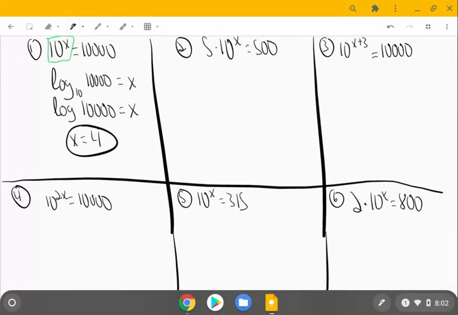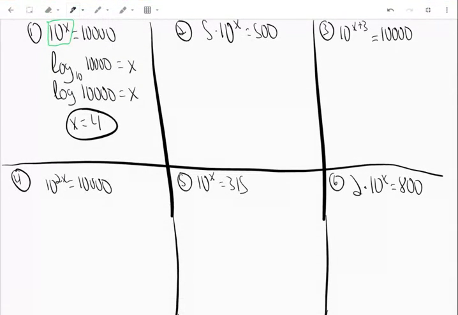Number 2, we have 5 times 10 to the x equals 500. Again, our first step is to isolate the term that has the exponent. So in order to do that, I have to divide both sides by 5 in order to get that term by itself. So 10 to the power of x equals 500 divided by 5. 500 divided by 5 is 100. Now I'm going to rewrite this in log form.